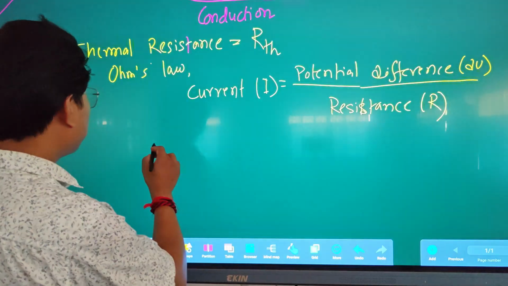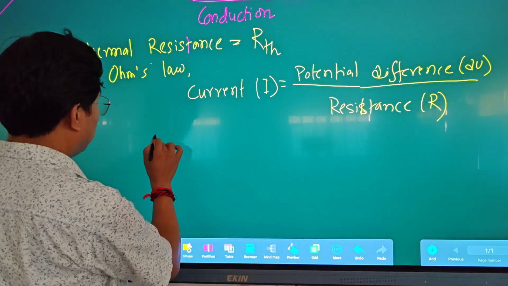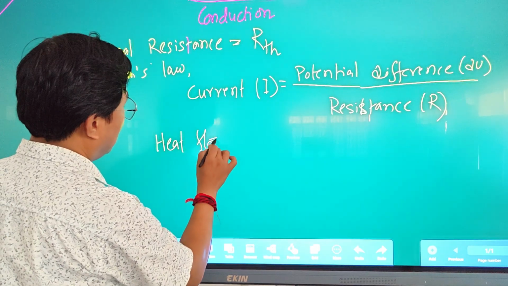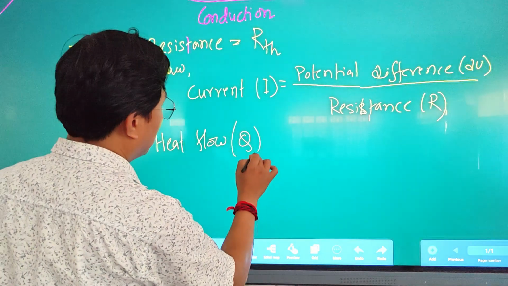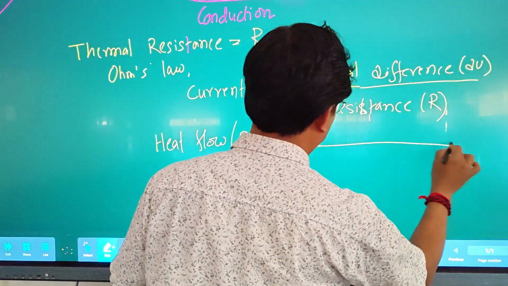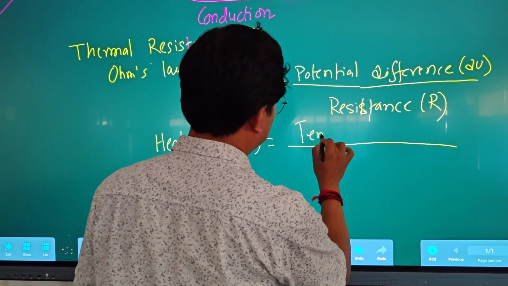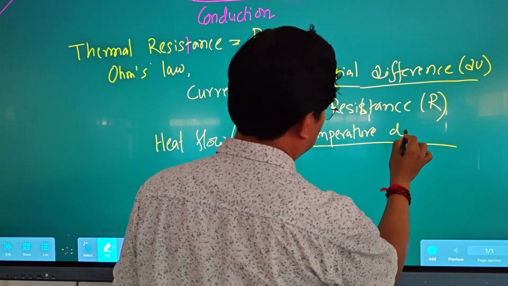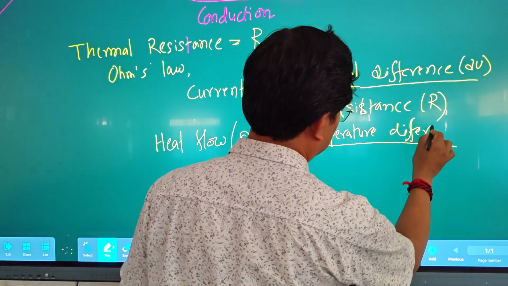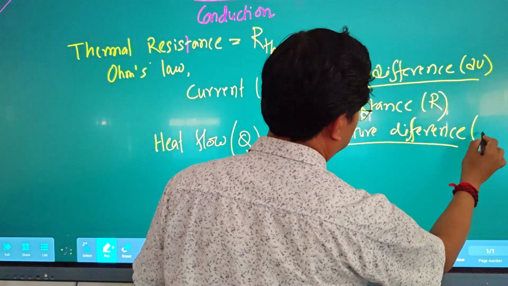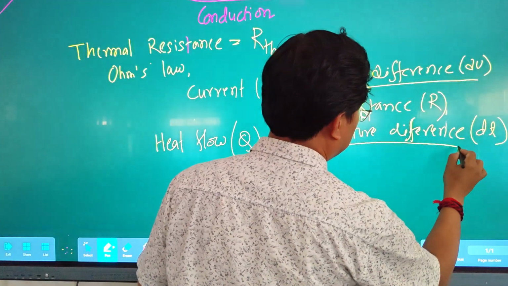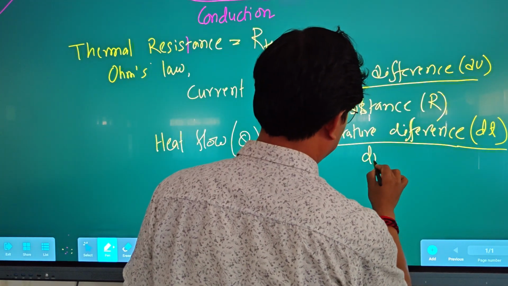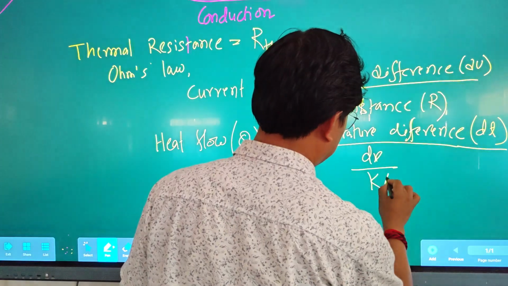Clear? So we know that heat flow Q equals temperature difference, which is dt, divided by dx by Ka.